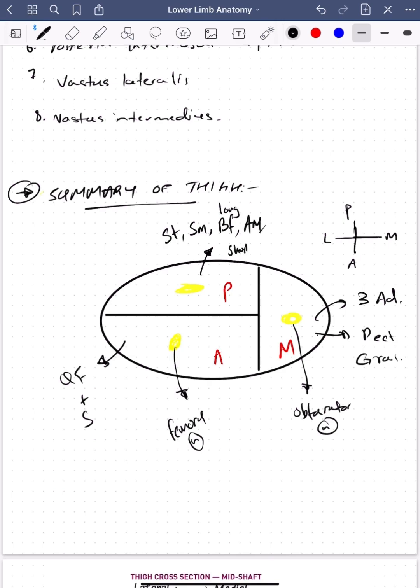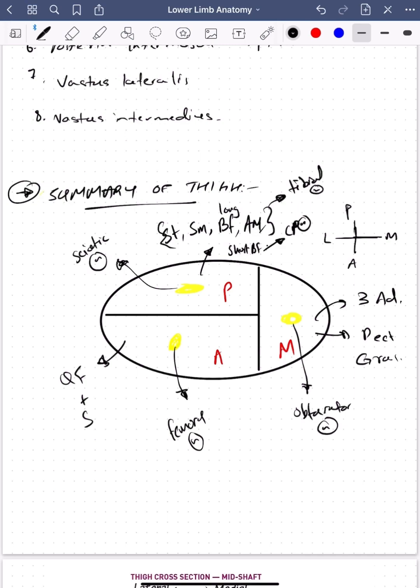The nerve supply is basically the sciatic nerve, but those included in the hamstring group are supplied by the tibial nerve, and the short head of biceps femoris is supplied by the common peroneal nerve.